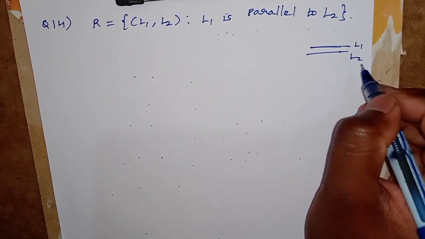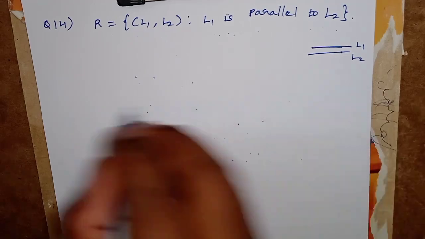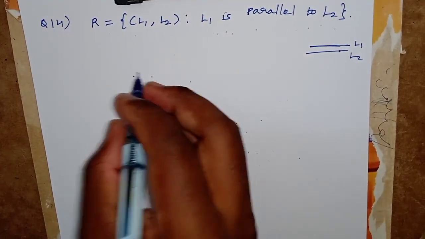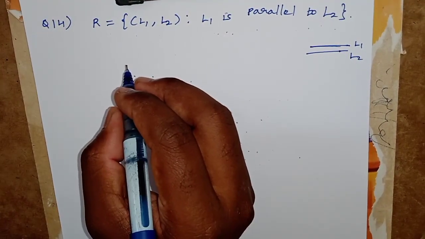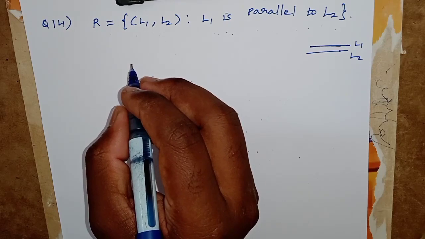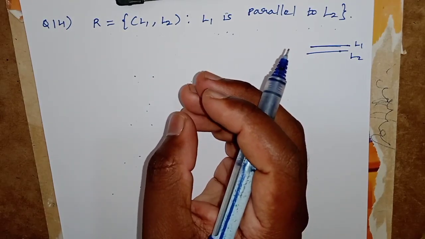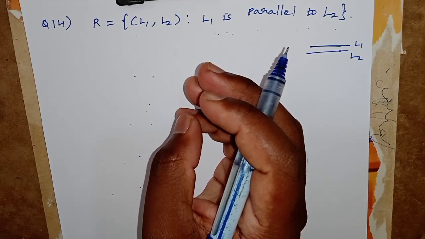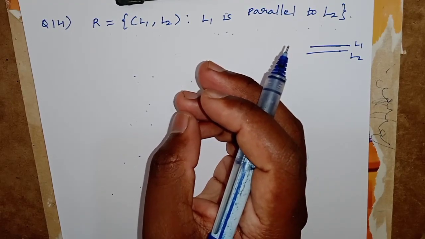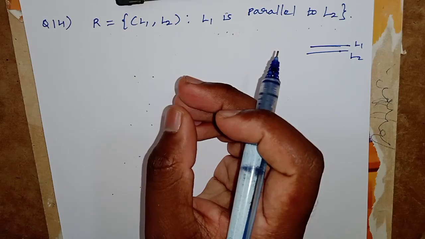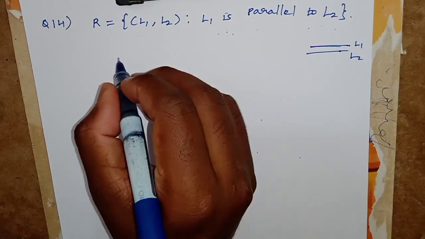Okay, L1 is parallel to L2. Therefore, for equivalence you have to satisfy all 3 conditions, in alphabetic order R, S, T. R means reflexive, S means symmetric, T means transitive. Okay. First one.